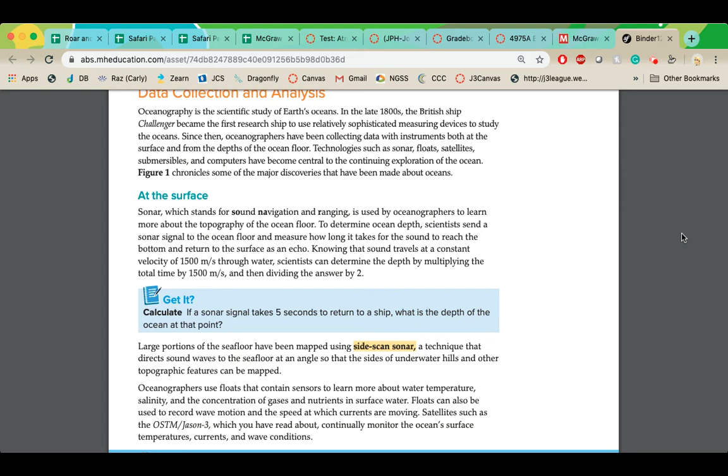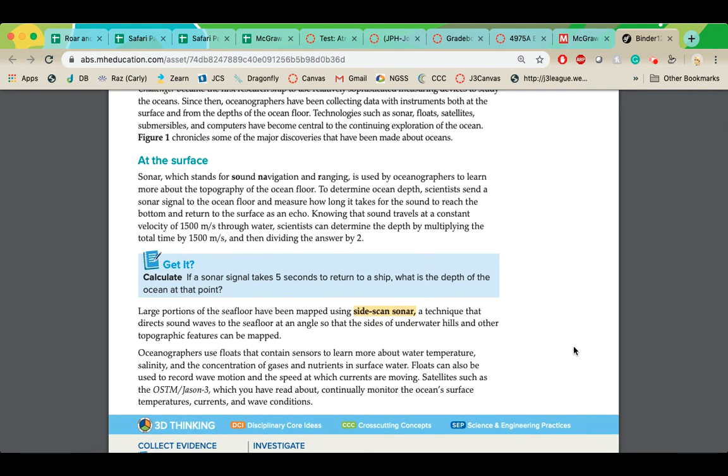A side scan sonar is one device that sends sound down sideways to map like the mountain sides and see where they are and where they end. Satellites are used to measure temperature and currents and wavelengths.